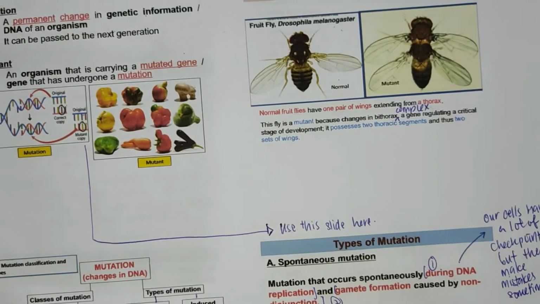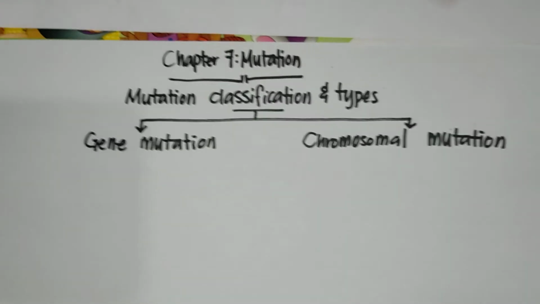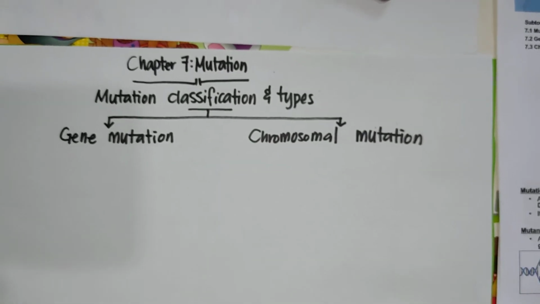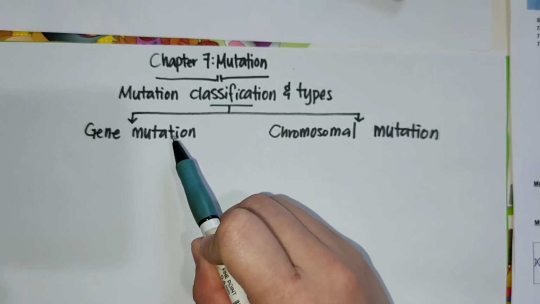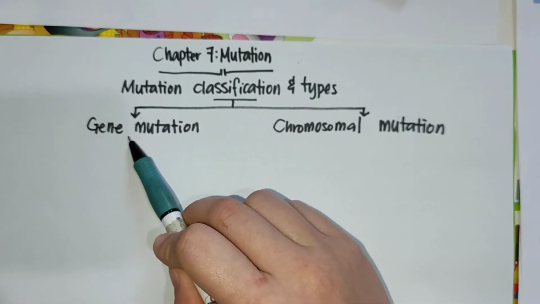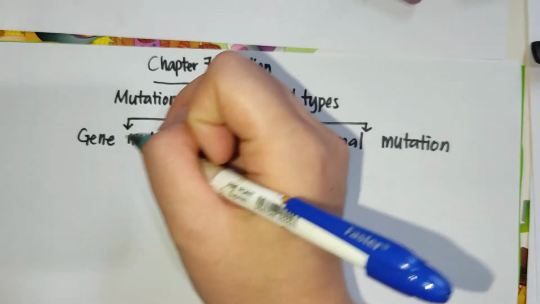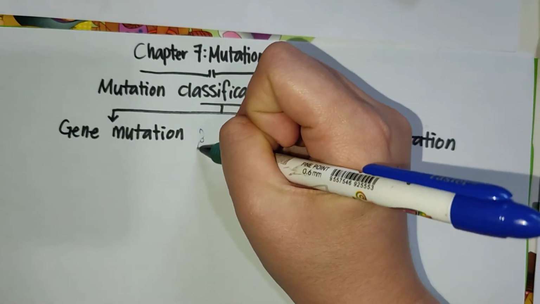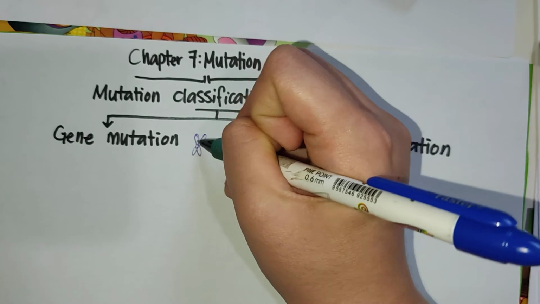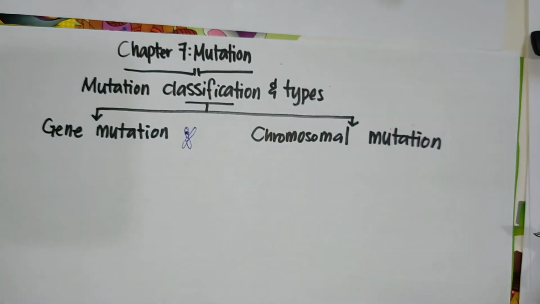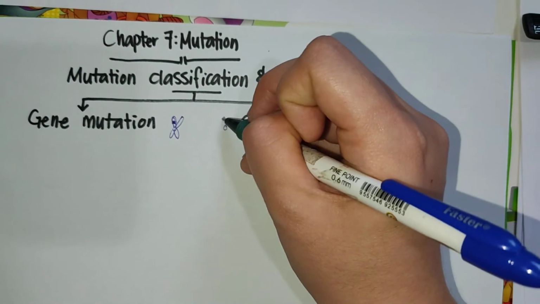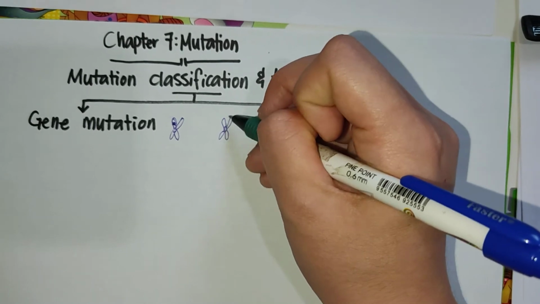Okay? Right. Now we are going to go into the 2 types and the 2 classifications of mutation. You have gene mutation, which occurs in only the gene. So if this is your chromosome, it affects only the gene. But chromosomal mutation affects the entire chromosome.